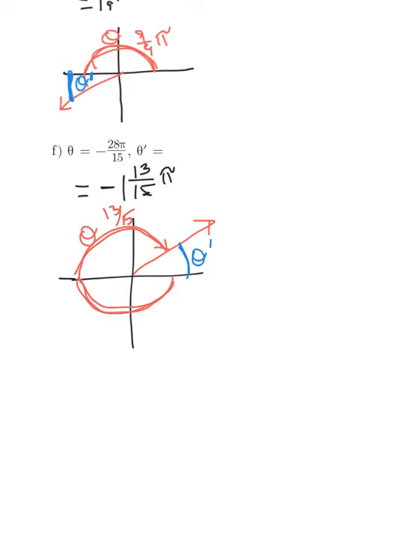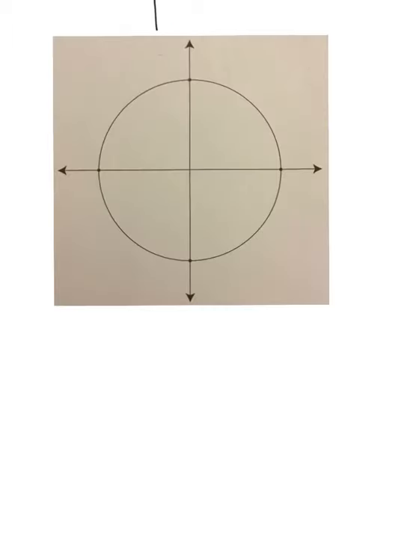So how much is left over here? 2/15 is left over here. So what we now know is that our theta prime is 2/15 times pi, or 2 pi over 15.